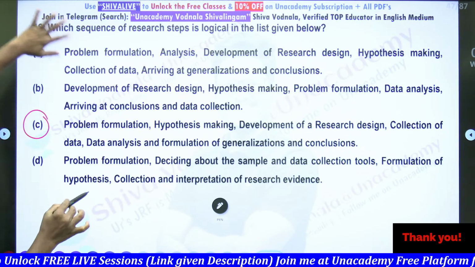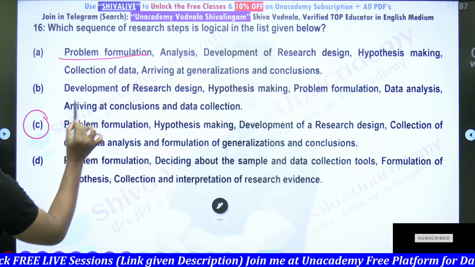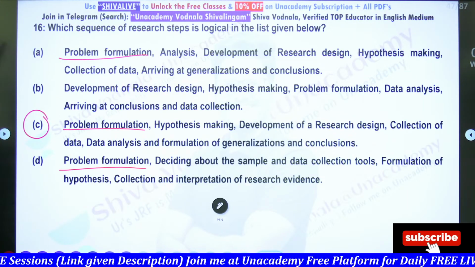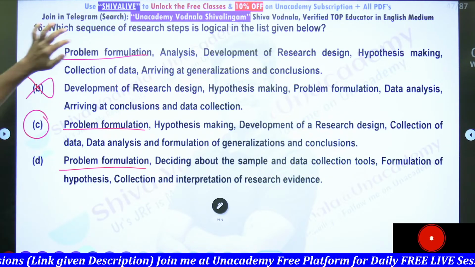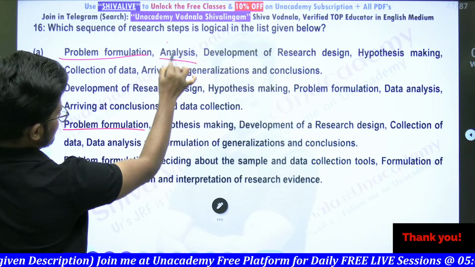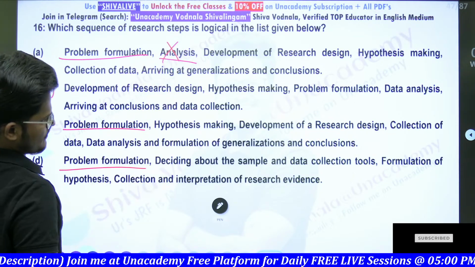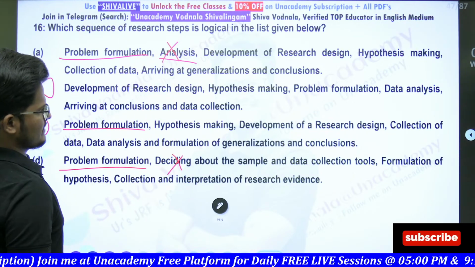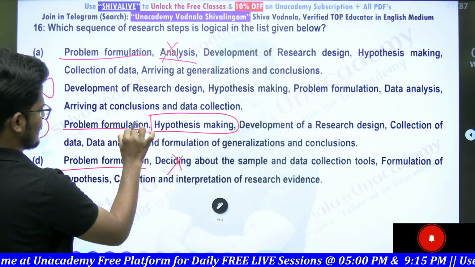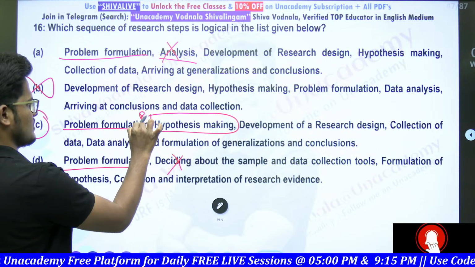Every option starts with a formulation of the problem, so outrightly you can eliminate option B as it didn't start with a formulation. After that, analysis eliminate, because this will come to an end, and sample also eliminate, this comes at an end. Only one thing is left over, hypothesis making. Actually in between this, literature review will come.